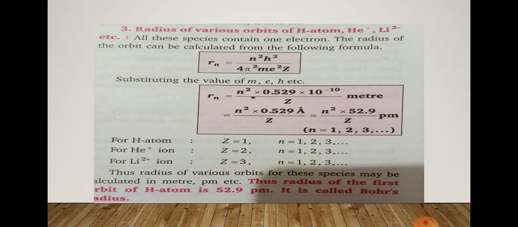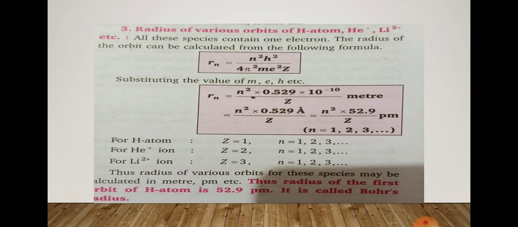Rn is equal to n² into 52.9 by Z pm. For hydrogen Z will be 1 and n is 1, 2, 3. For the helium ion, the atomic number Z is 2 and the number of the shell is 1, 2, 3. In any orbit the electron can remain. For the lithium ion the atomic number is 3, but the shell number n can be 1, 2, 3 and so on.